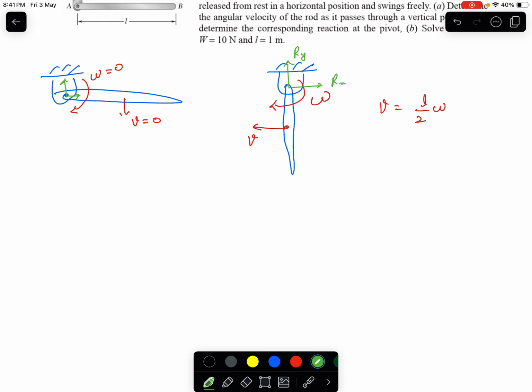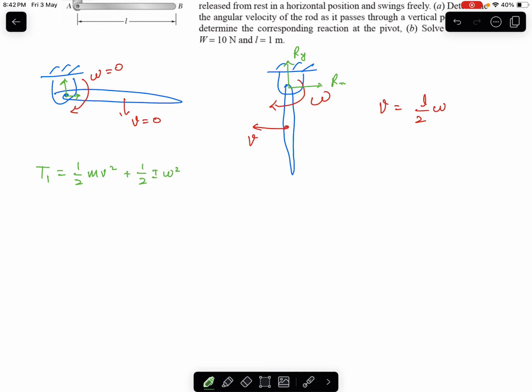Okay, so let me write the energy here. T1 is half m v square plus half I omega square, which is of course 0, and let me write this as datum. So this height is L by 2, so potential energy is mg L by 2.